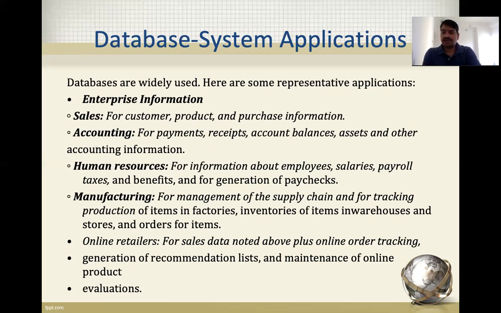In the manufacturing industry, we have supply chain for tracking products or items in factories, inventory of items in the warehouse and stores, and orders for items, for those we need a database. Online retailing for sales data noted above, plus online order tracking, generation of recommendation lists, maintenance of online product evaluation. So for all those things, we actually need the database management system.